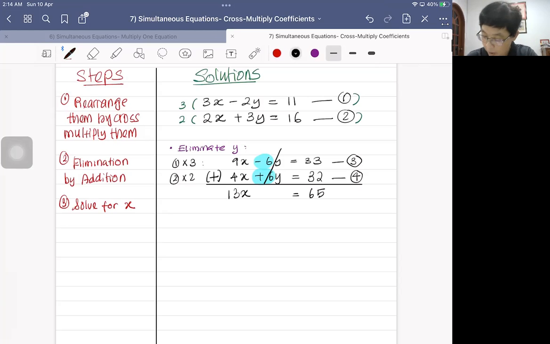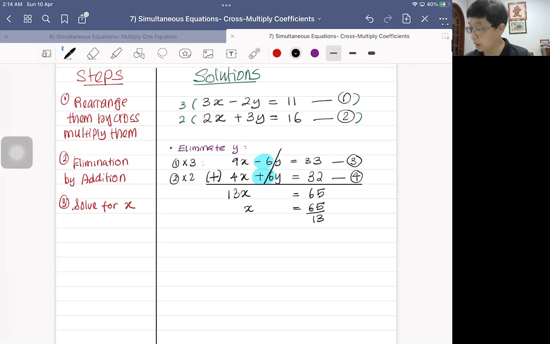Divide 13 both sides. So you're going to get 65 divided by 13. If the paper allows you to use a calculator, go ahead. If not, you just do the long division.